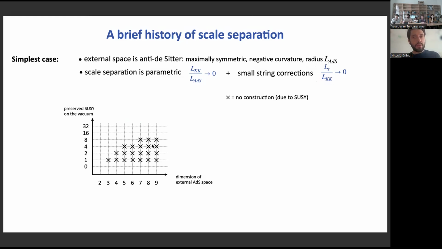Now, let me review what has been done in the past roughly 20 years. Here I'm plotting the theory space. Here is the number of external space-time dimensions of the anti-de Sitter vacuum: a 2-dimensional anti-de Sitter, 3-dimensional, 4-dimensional. This is the line we are mostly interested in, probably for phenomenology.